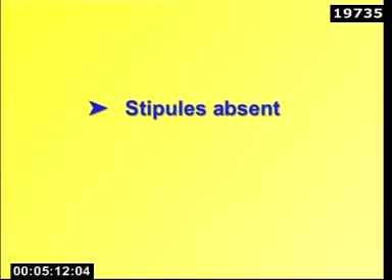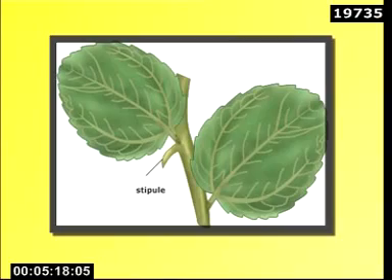Second distinguishing character is that the stipules are absent. We know that stipules are small paired, usually leaf-like outgrowths occurring at the base of a leaf or its stalk. The leaves in the family Rutaceae are thus exstipulate.